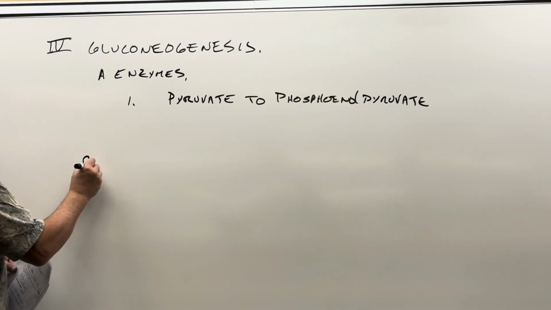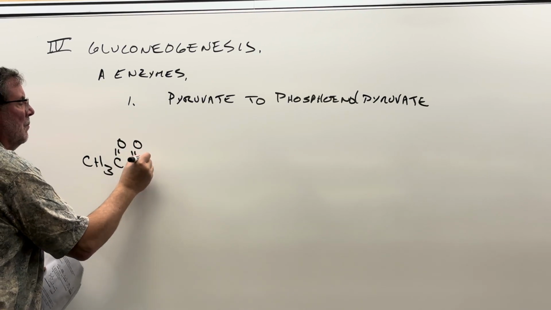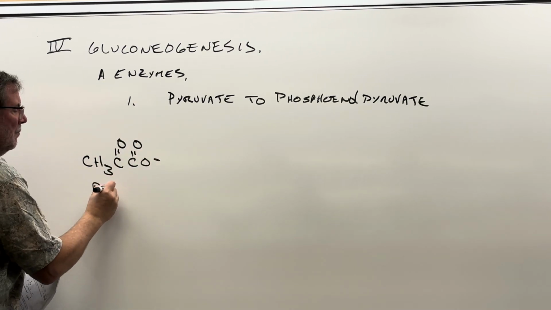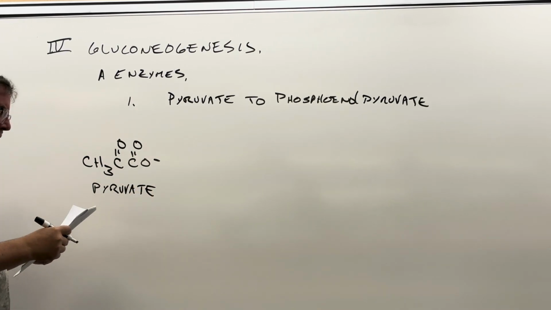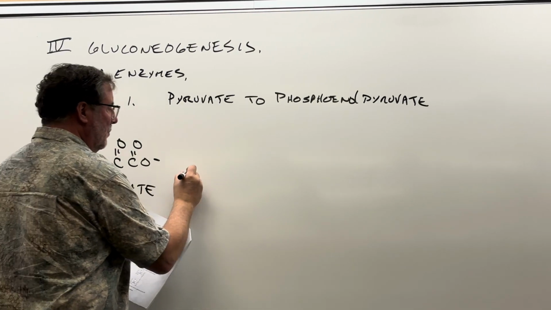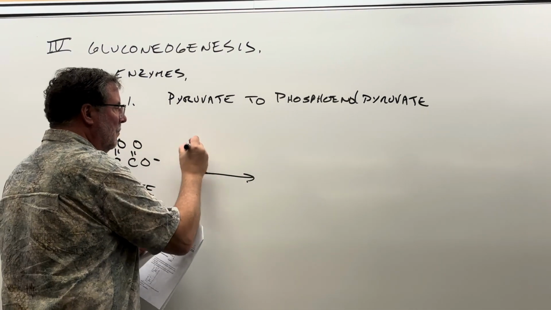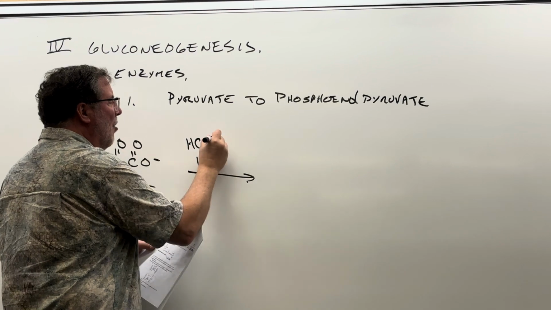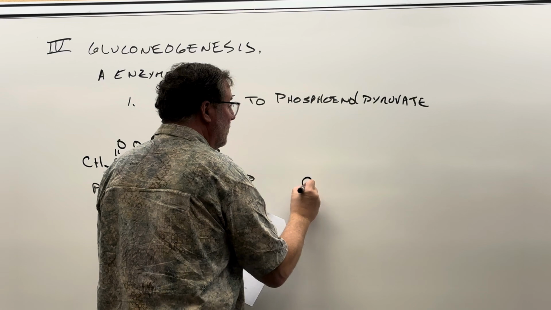We first take our pyruvate and we carboxylate it to form oxaloacetate.